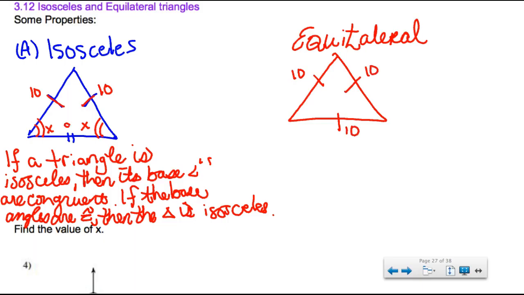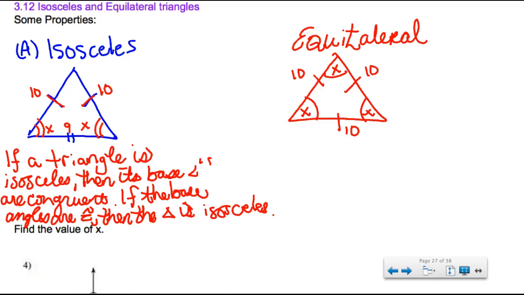This one could have been like 9. And what we know is that because all the sides are the same, the base angles are the same, and that would give me all of the angles the same. And in particular, if they're all the same, suppose this is x, and this is x, and this is x, I also know that the angles in a triangle add up to 180 degrees. We've discussed that already.